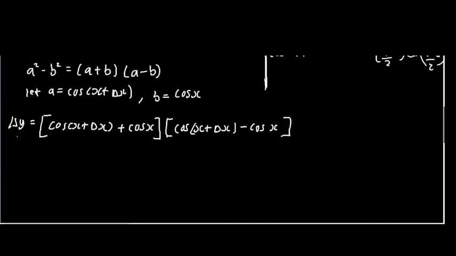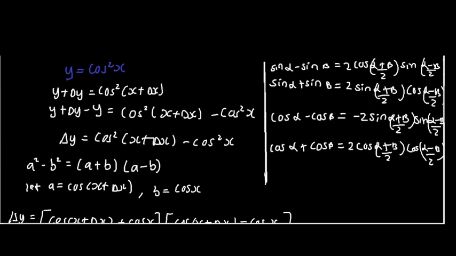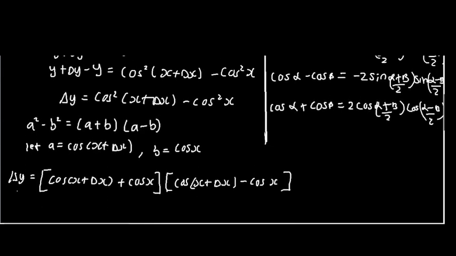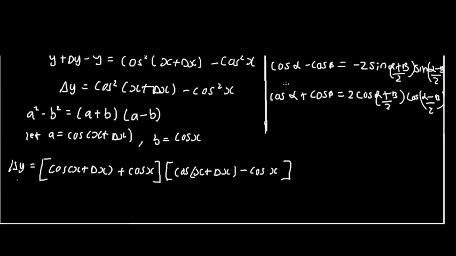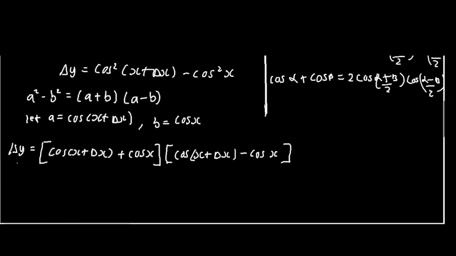After getting to that step, we can apply the factor formula. We see that we have cos alpha minus cos beta as the second part, and cos alpha plus cos beta as the first part. So how do we simplify that?